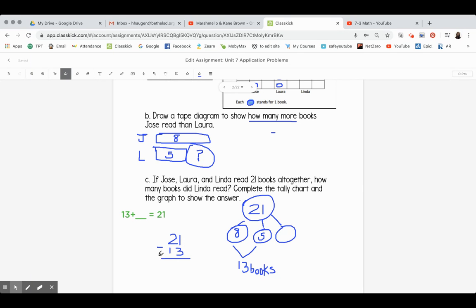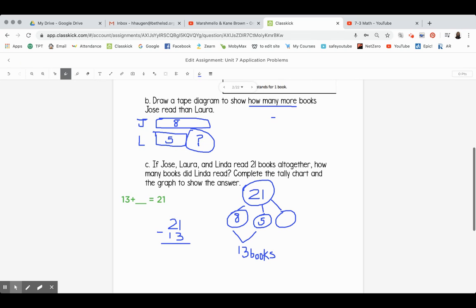You can start at 13 and you can count up to 21, or you can write them down vertically and subtract. When I'm subtracting, I know that I need to first find the bigger number because that will tell me what to do. So I see that I have more on the floor. So I need to go next door and get 10 more. So let's go ahead and take 10. Now I have 1.